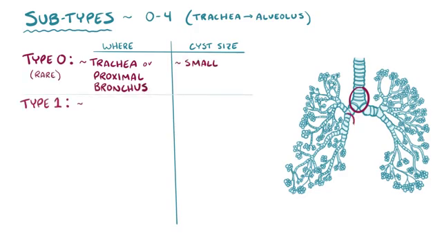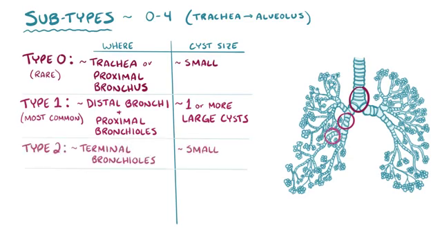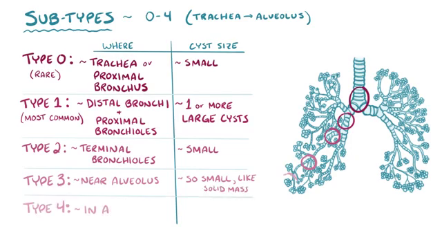Type 1 CPAMs, which develop in the distal bronchi and proximal bronchioles, are the most common, and have one or more large cysts, with tissue-like cartilage in between the cysts. Type 2s come from the terminal bronchioles and have smaller cysts. Type 3s arise almost all the way down to the alveolus, and have cysts that are so small they look like a solid mass. And type 4s develop in the alveoli and have large cysts.